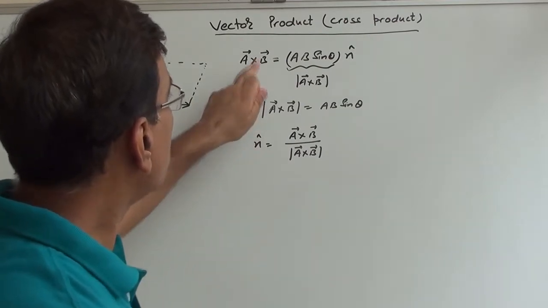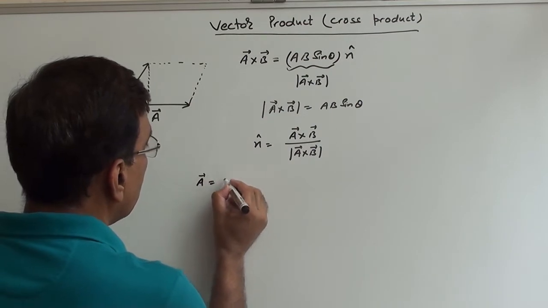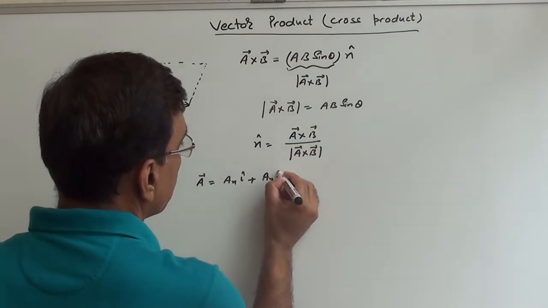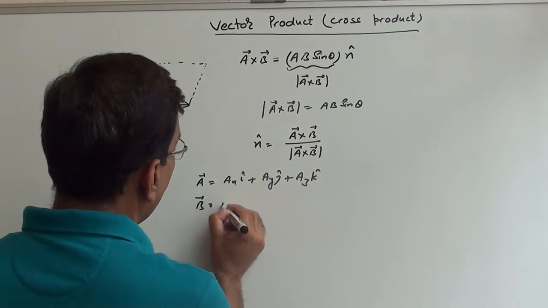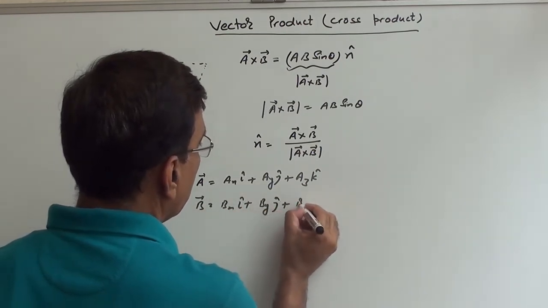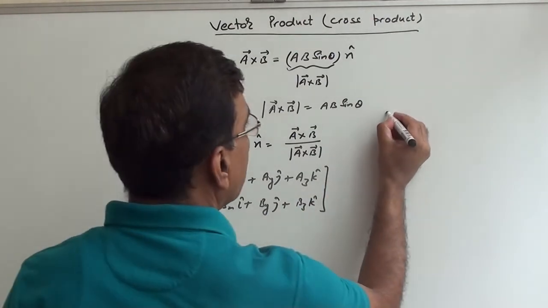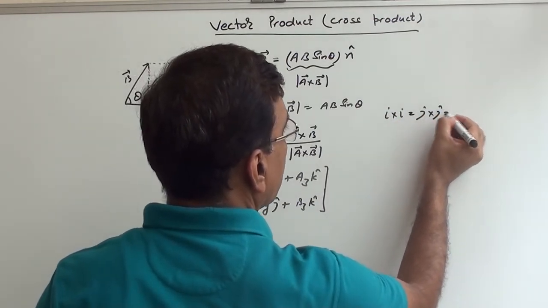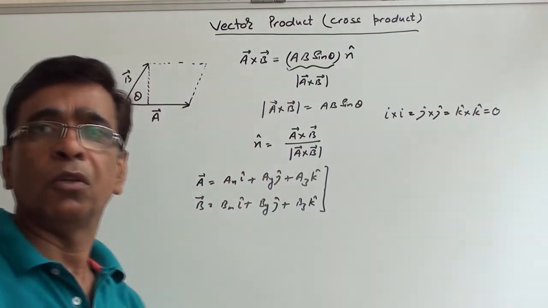Okay, now if we are given these vectors in terms of unit vectors, this is vector A and this is vector B. First let us find I cross I, J cross J, K cross K. It's very easy to conclude that this will be 0.